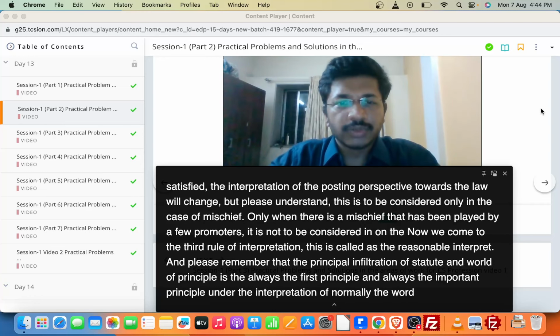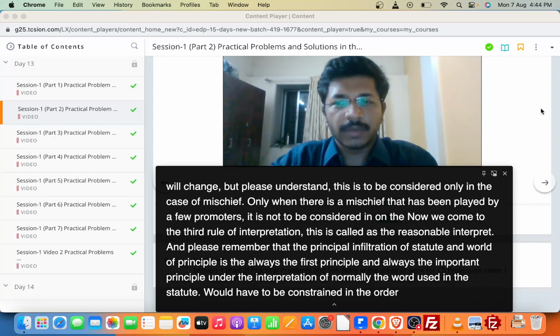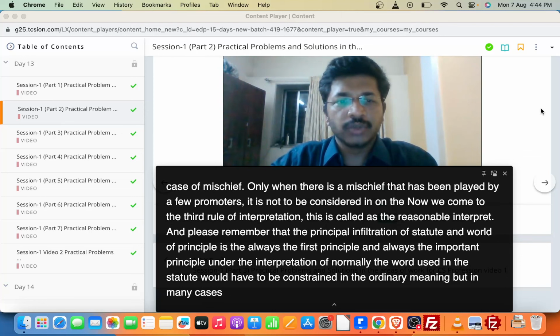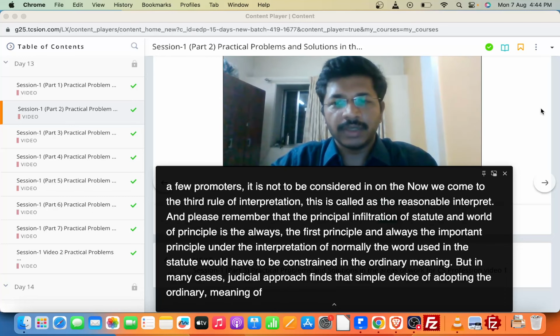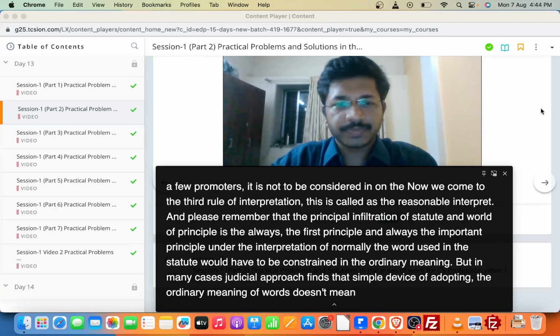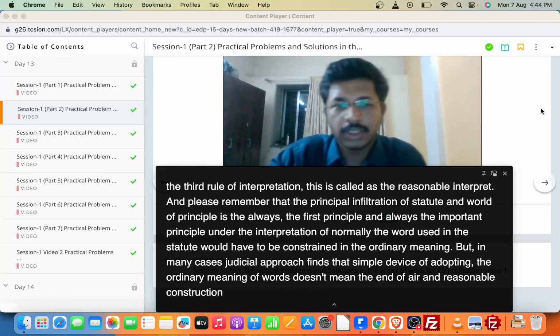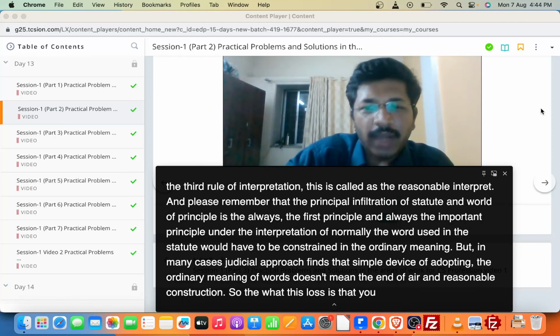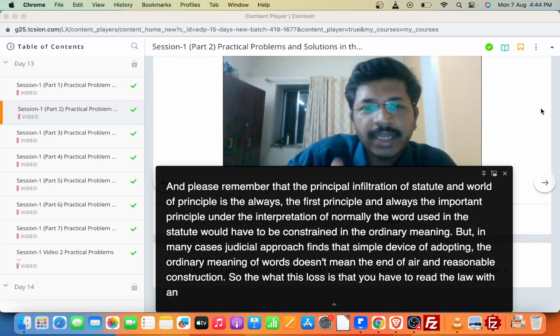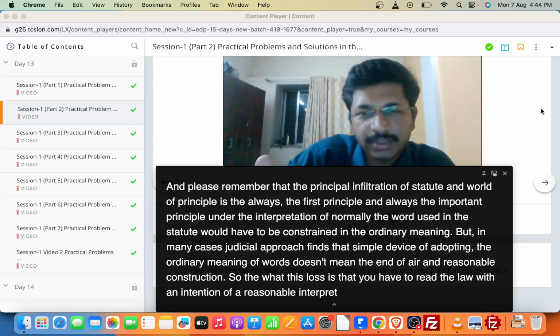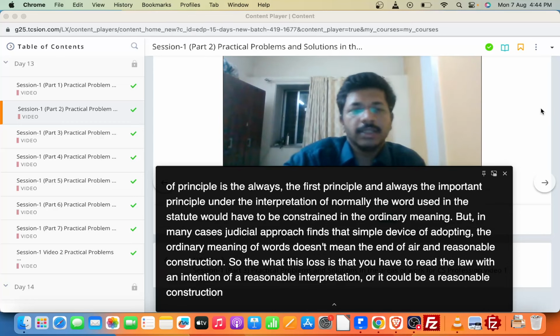So normally the words used in the statute have to be construed in their ordinary meaning, but in many cases judicial approach finds that the simple device of adopting the ordinary meaning of words doesn't meet the end of fair and reasonable construction. So what this law says is that you have to read the law with an intention of a reasonable interpretation, or a reasonable construction of the statute.